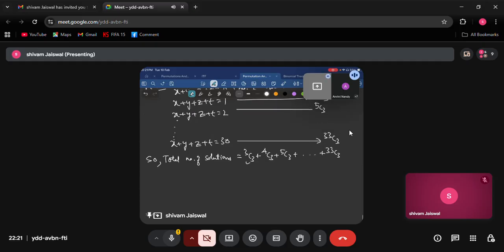So everyone, instead of 3C3, can I write 4C4? Tell me, can I write this instead of 3C3? See, how can we simplify this? It's a very important simplification. Simplification of this binomial series is important. Questions have come in the past in JEE Mains.